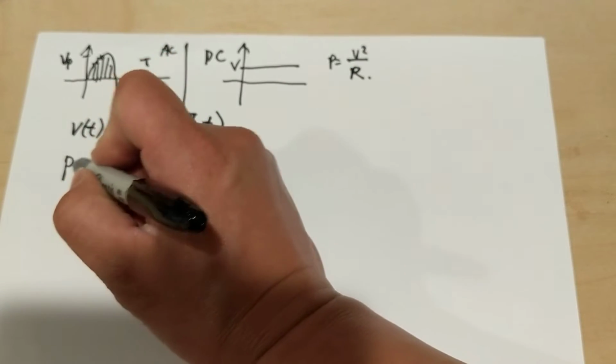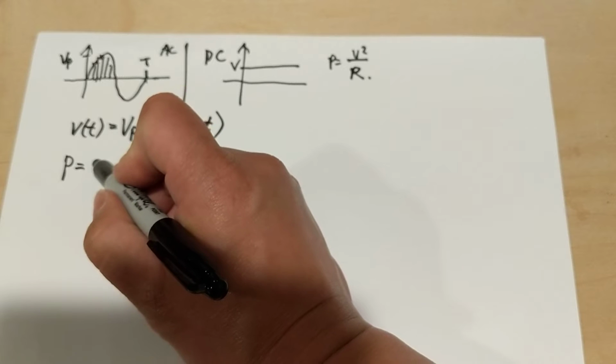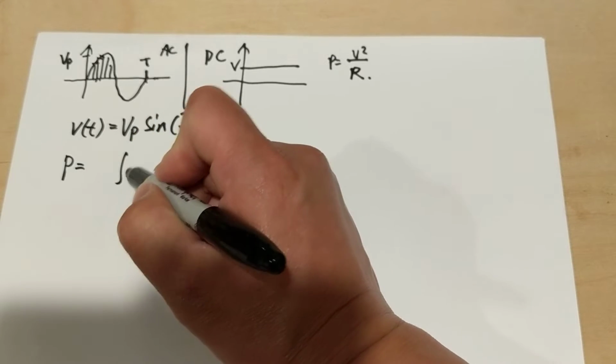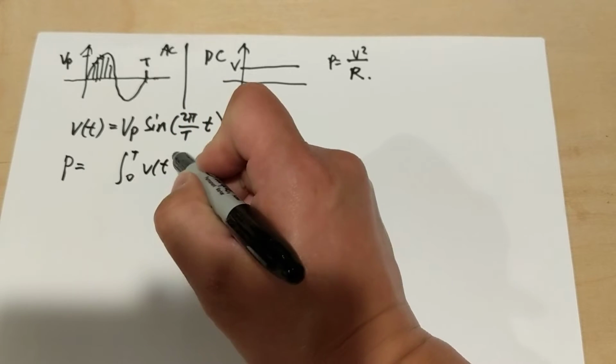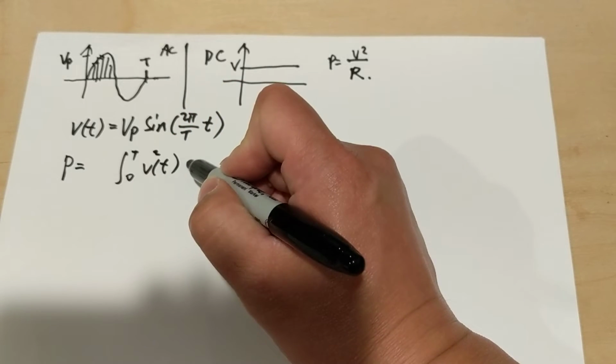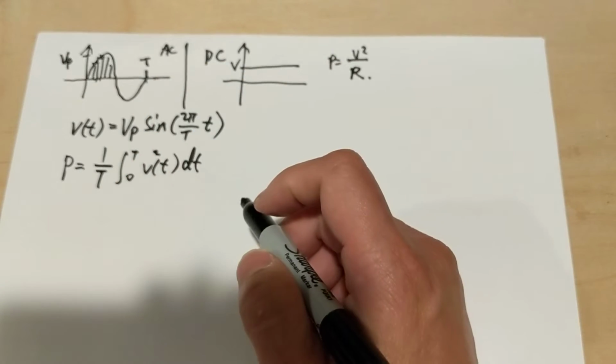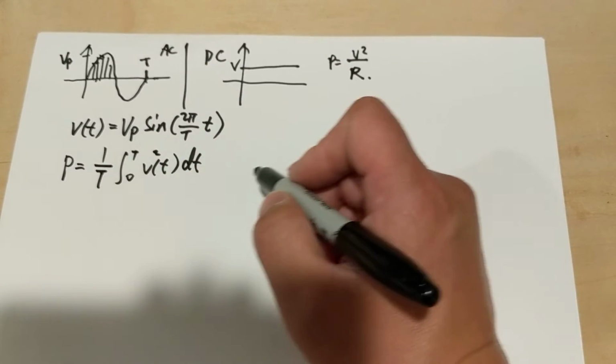So the power equals the total energy of one cycle, which is the integral from 0 to T of V(t) squared dt, divided by the duration. So this is the power. And we can go further.